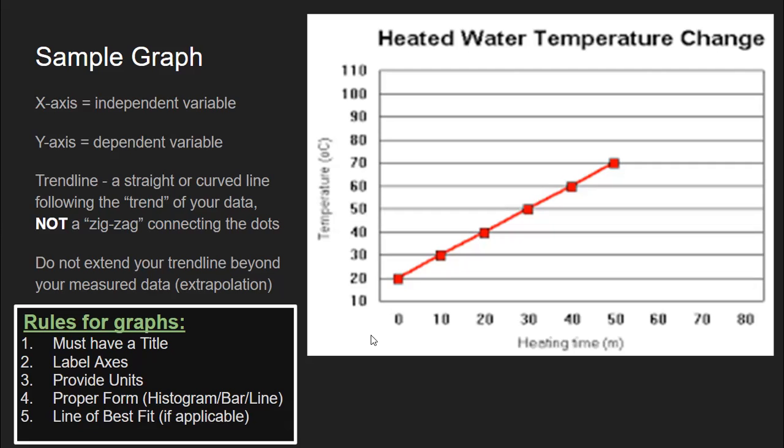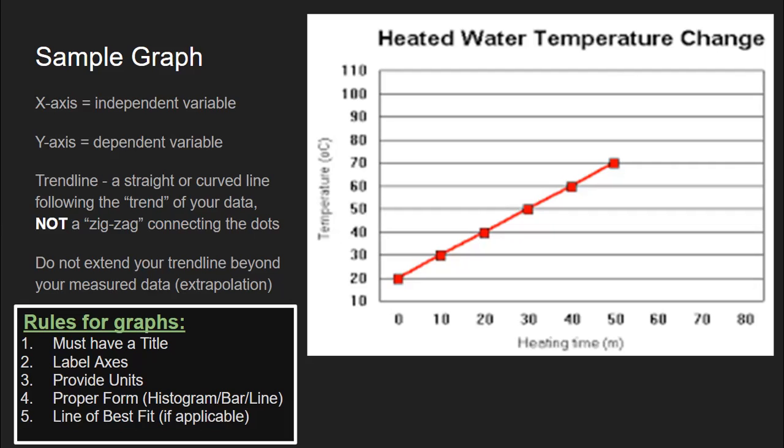So our labels include our units. It needs to be the proper form. That means that you've chosen the right kind of graph to do. So if it should be a histogram, it needs to be a histogram. If it should be a bar graph, it needs to be a bar graph. So that's where it's important to check what kind of data you have and make sure you're doing the correct type of graph.